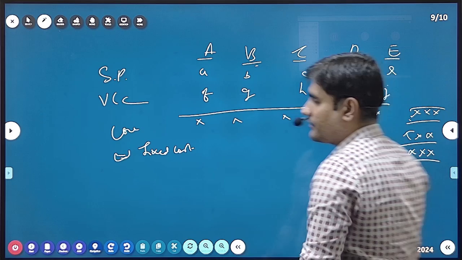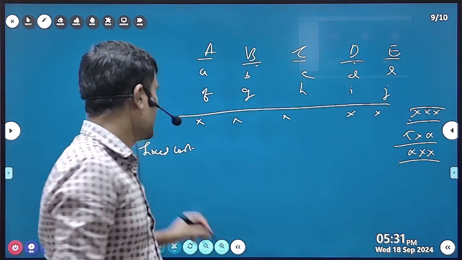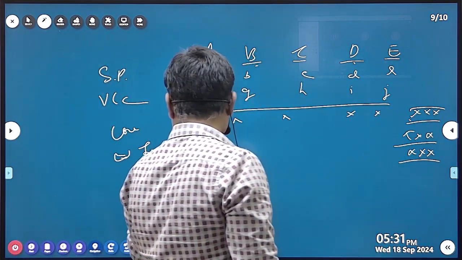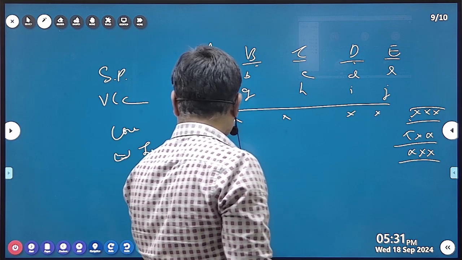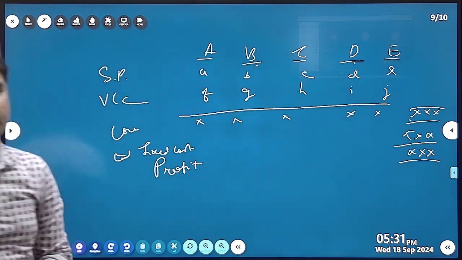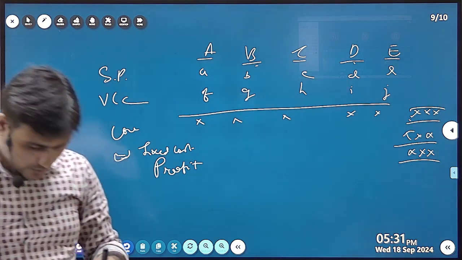So it does away with all the complexities of allocation, apportionment, absorption of overheads.